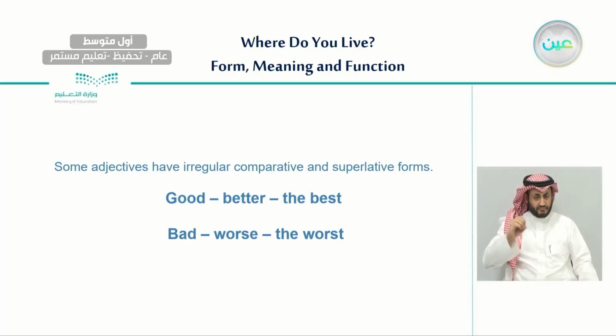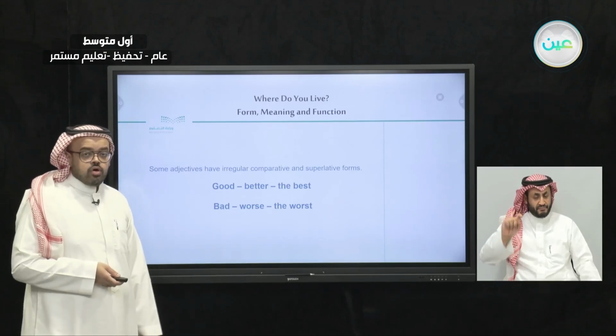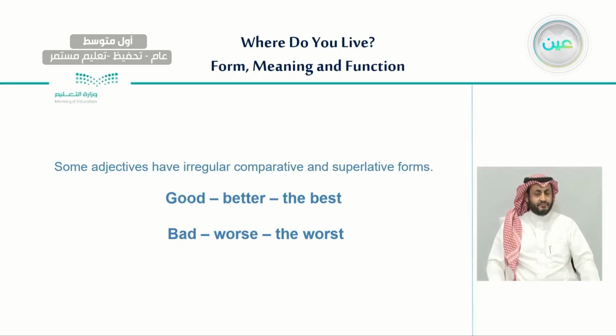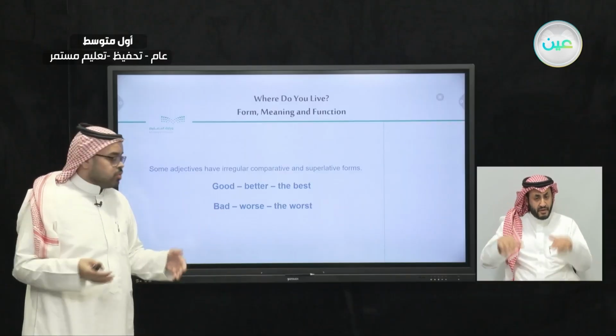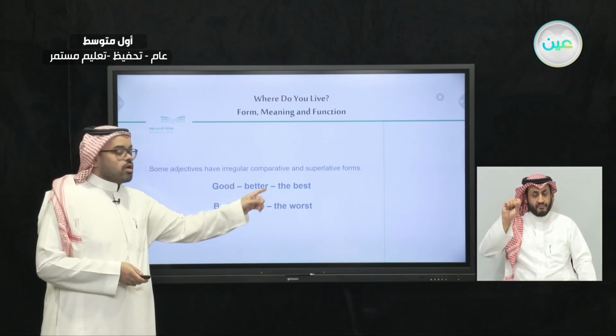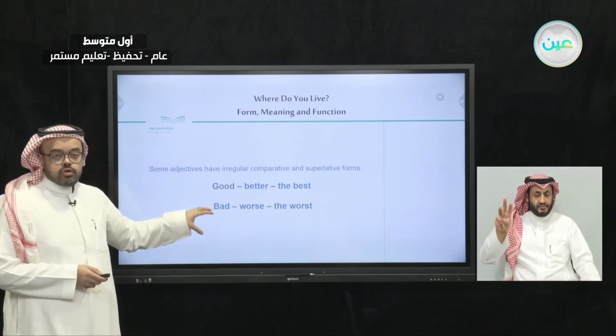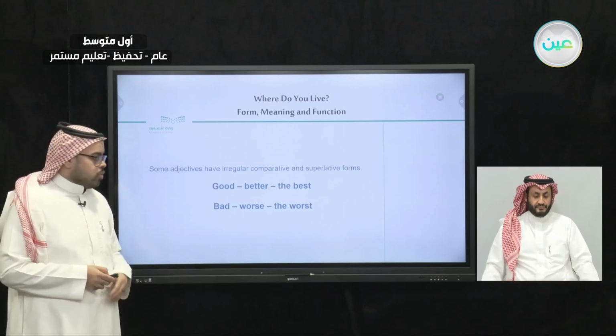For the comparative form, we would say better, and for the superlative form, we would say the best. And also for the adjective bad, for the comparative form, if you want to compare two things or two people, we would say worse. And for more than three people or three things, we would say the worst. So this is the exception for this comparison rule.